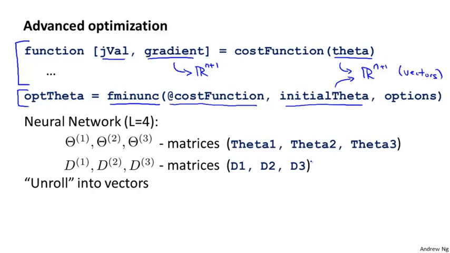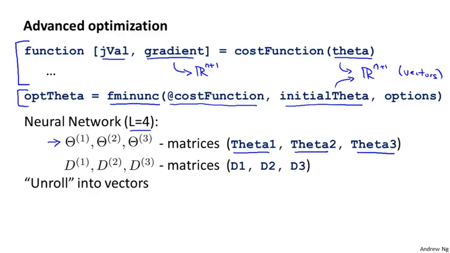This worked fine when we were using logistic regression, but now that we're using a neural network, our parameters are no longer vectors, but instead they are matrices, where for a 4-layer neural network we would have parameter matrices theta 1, theta 2, theta 3 that we might represent in Octave as these matrices Theta1, Theta2, Theta3.